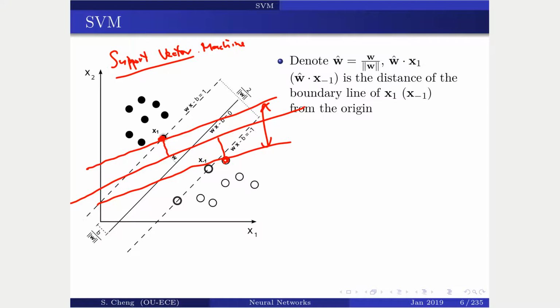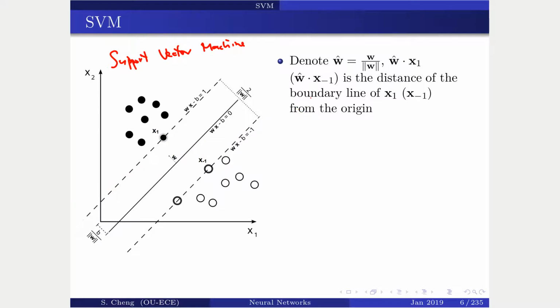So the idea is very simple. We're trying to find this separating line, or in high dimension a separating plane, such that this margin is as big as possible. To do that, suppose I determine this line that separates these two classes.